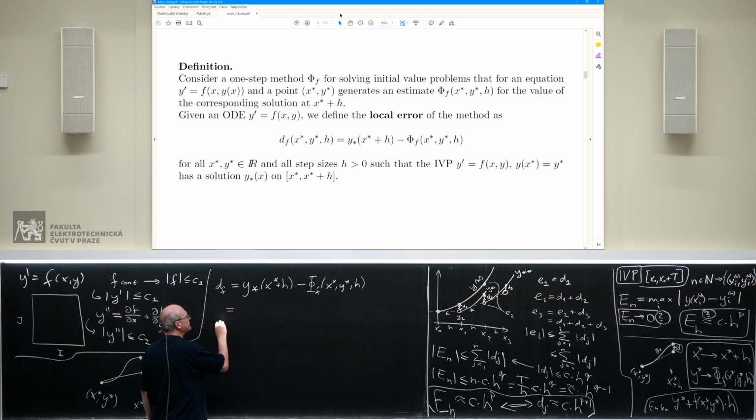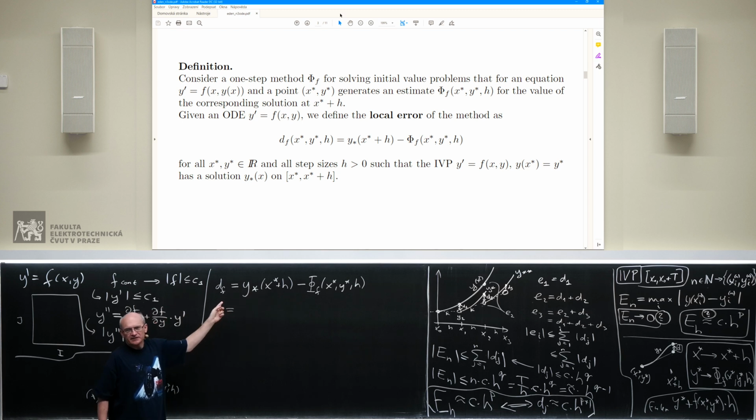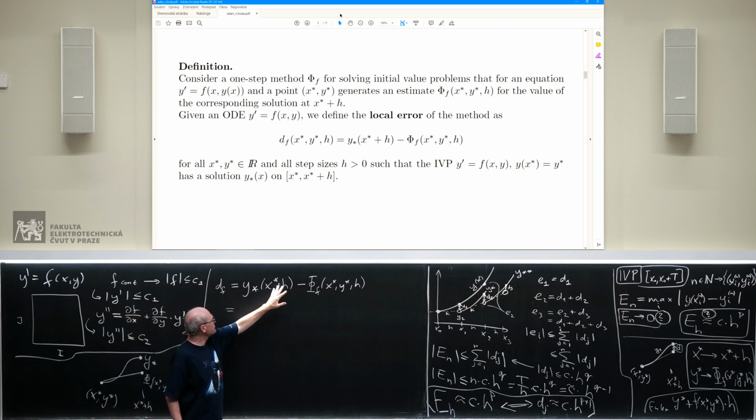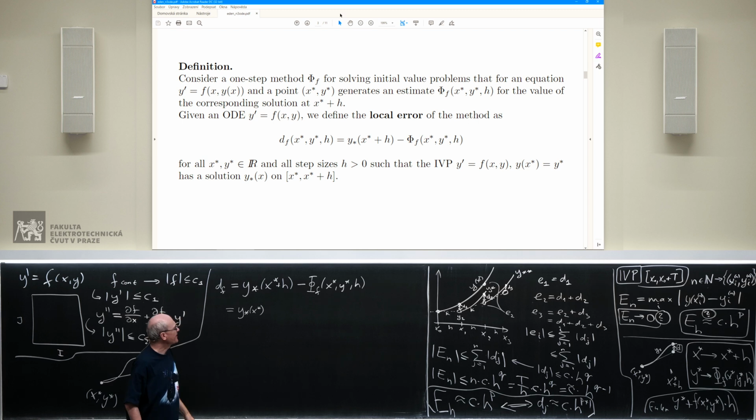How much is it? Good question. I don't know anything about the solution y star. What can I do? Well, favorite trick from numerical analysis, Taylor expansion. I'm interested in what's happening when h is really small, close to 0, so that's how I will do my Taylor expansion. y star, x star, that's the value.